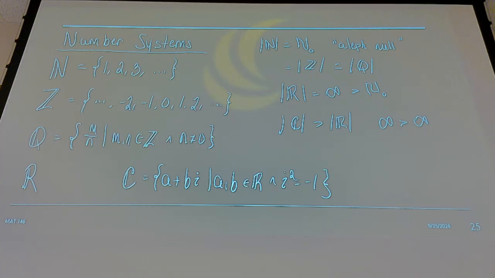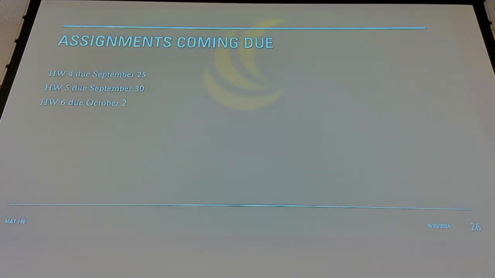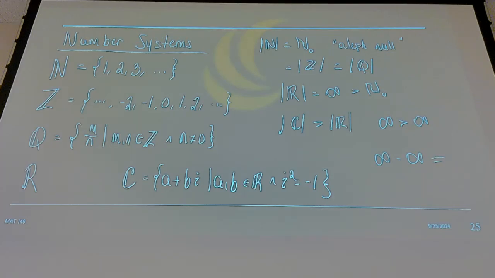But this is why in calculus, you'll run into something like infinity minus infinity, which is not necessarily zero. Or infinity over infinity, which is not necessarily one.